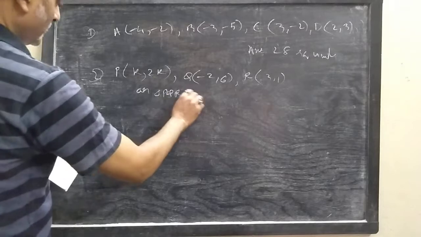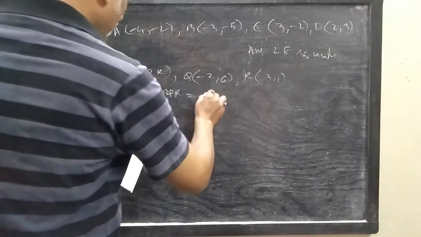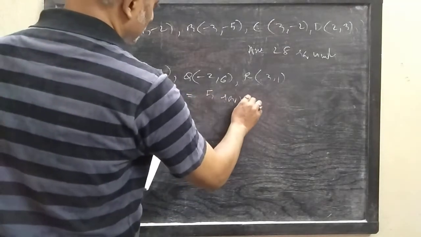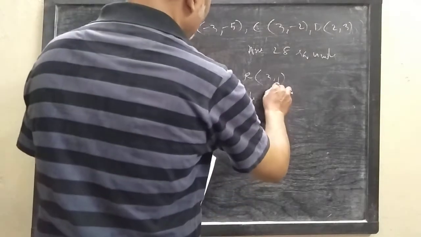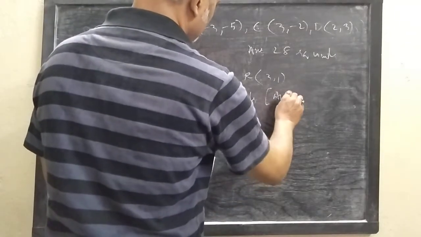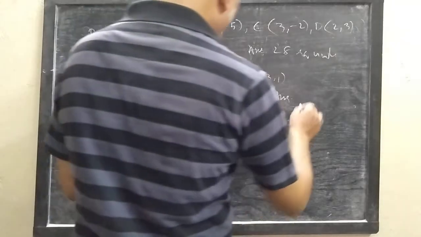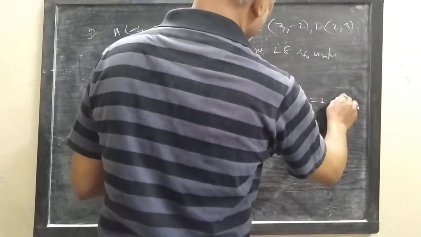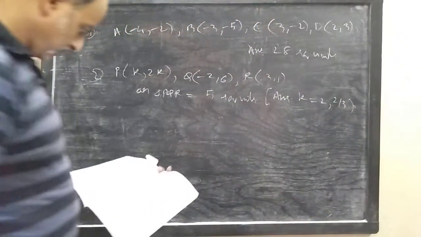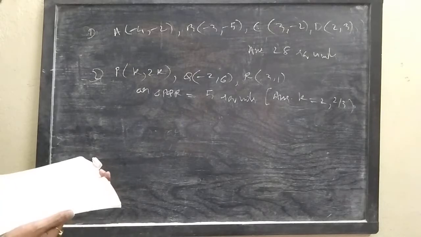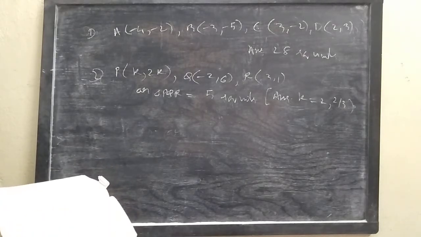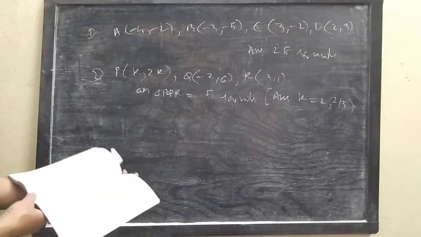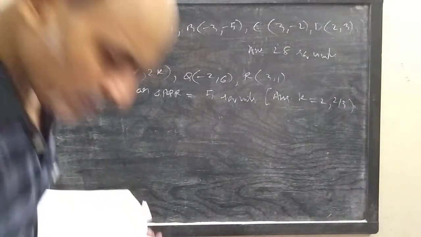Area of triangle PQR is 5 square units, and you are asked to find the value of k. Your answer is k equals 2 or 2 by 3. Next question.